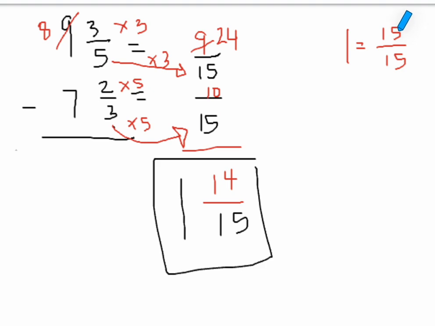Then I took that 15 and I added it to 9. 9 plus 15 gave me 24. When I got the 24, then and only then could I subtract it by the 10. 24 minus 10 gave me 14. I kept my denominator 15, and I skedaddled over here, whoop-a-doop, and I subtracted 8 minus 7, and I got 1. And then I'm done.